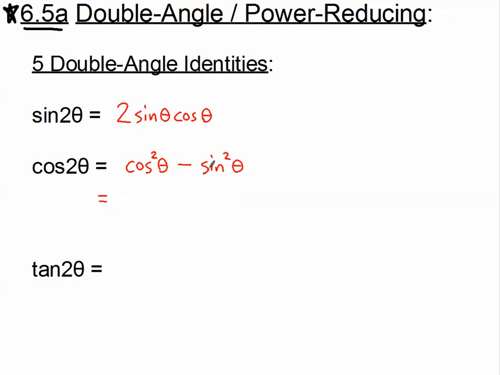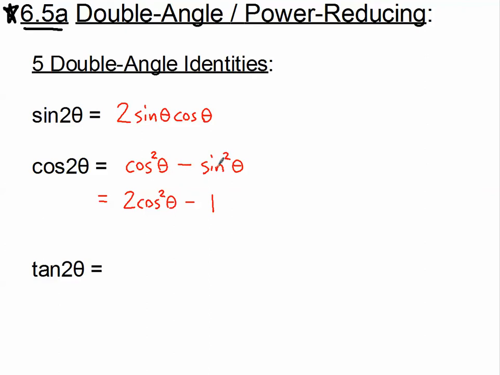If you consider this sine squared and maybe use a Pythagorean to replace it with 1 minus cosine squared and distribute this negative and gather your like terms, you'll actually have 2 cosine squareds minus 1. So that's another name. This might be a good name to use if you only know the cosine value, because then you could use this and figure that out.